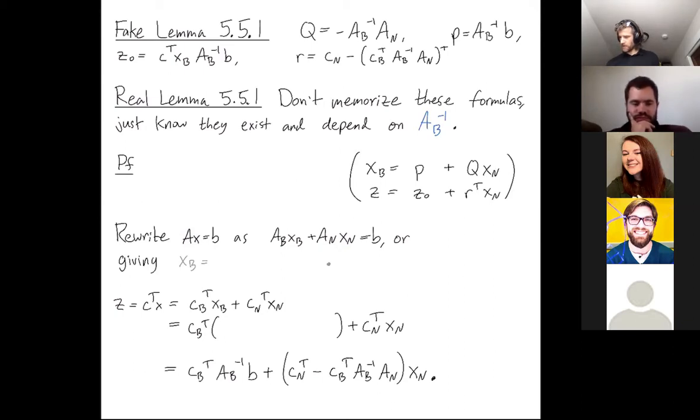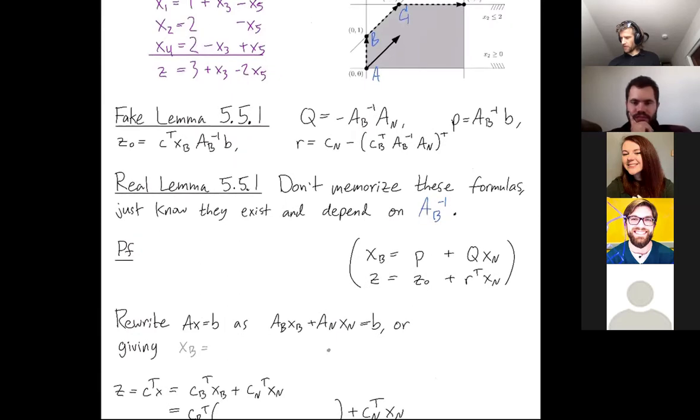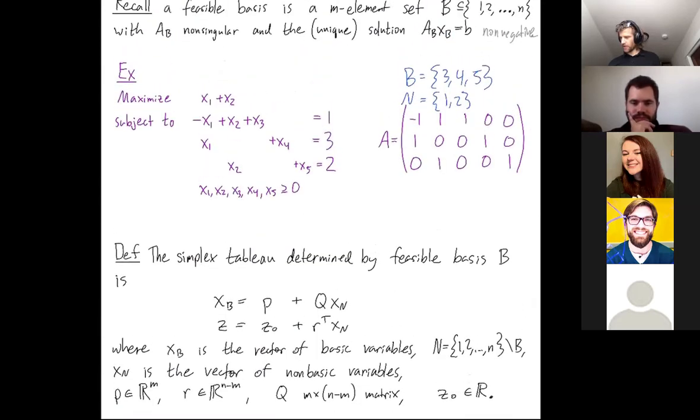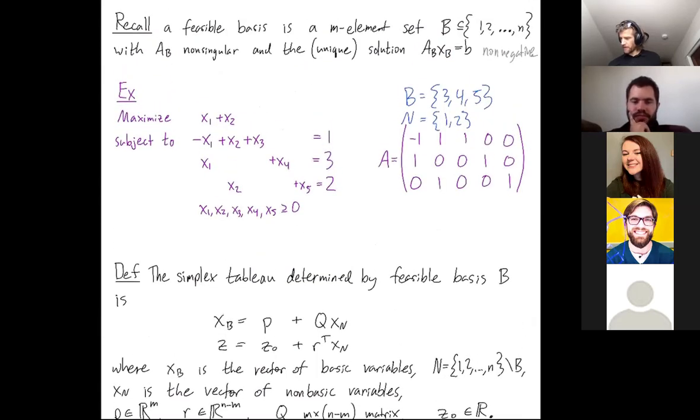Let me draw this a little bit more. Pretend my basis is 3, 4, 5. You can imagine what matrix A times vector x is.